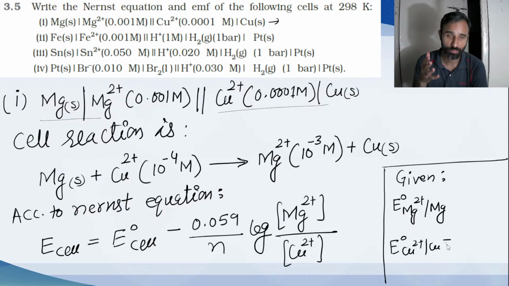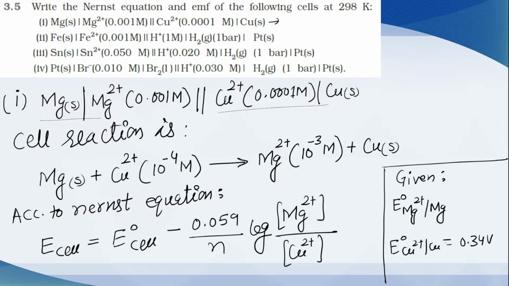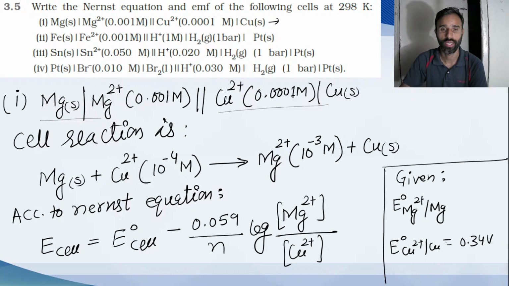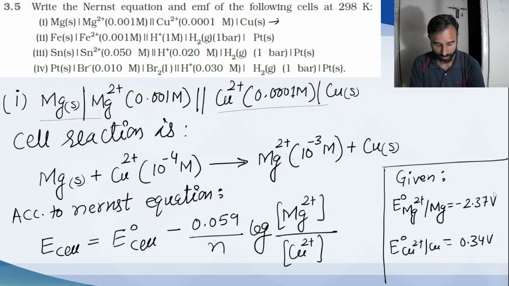You know, the value for Cu2+ to Cu is 0.34 volt, and for magnesium 2+ to magnesium the value is minus 2.37 volt.